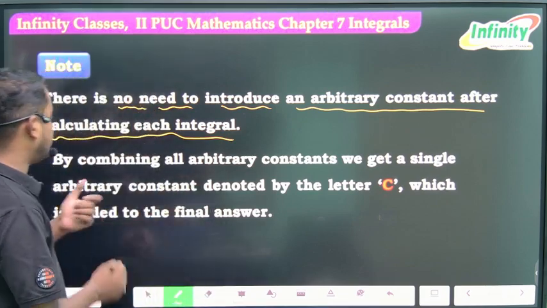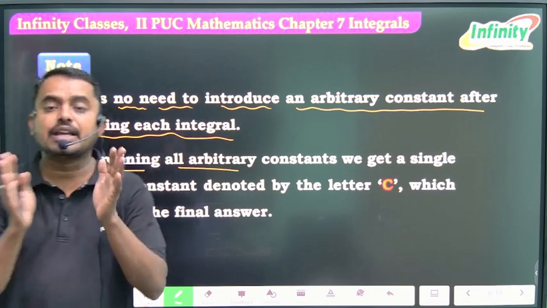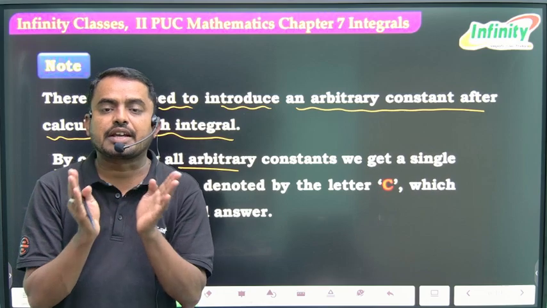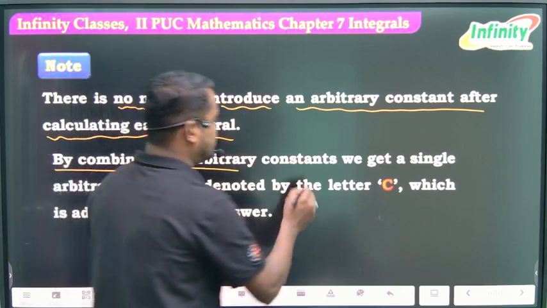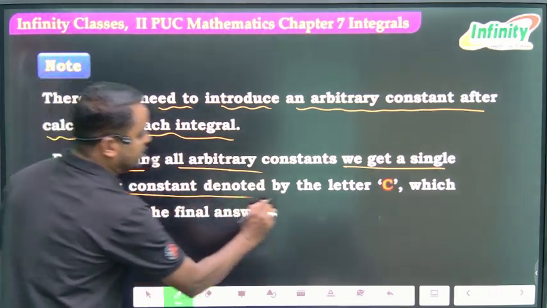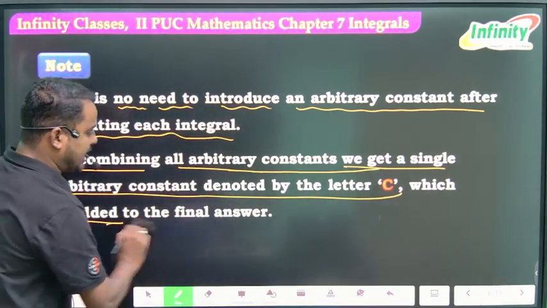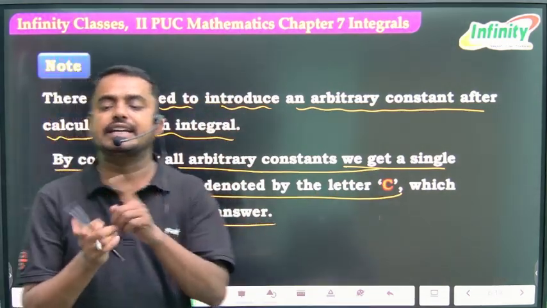By combining all the arbitrary constants, we get a single arbitrary constant denoted by the letter C, which is added to the final answer after the integration.